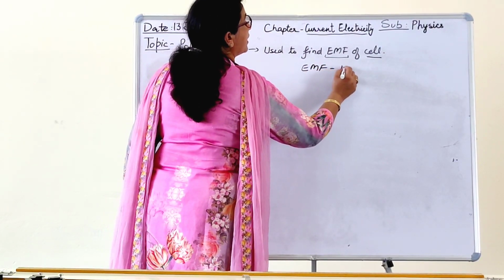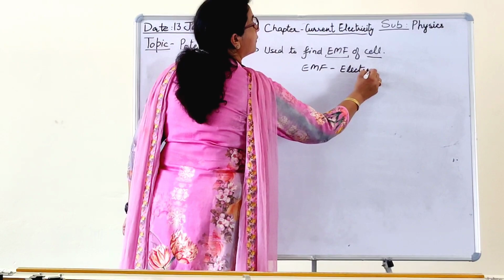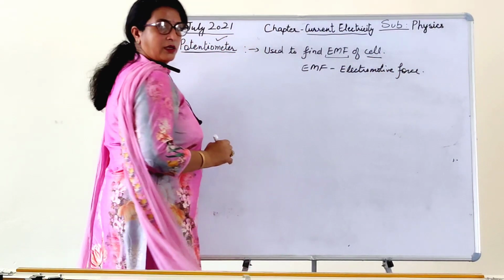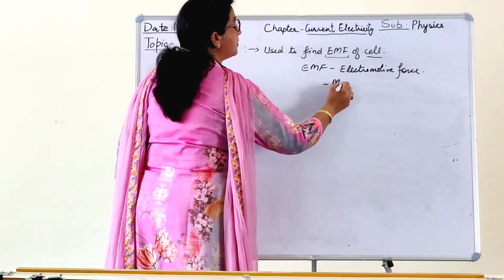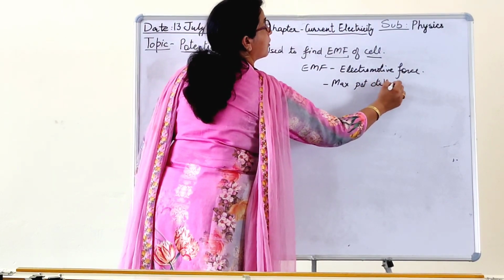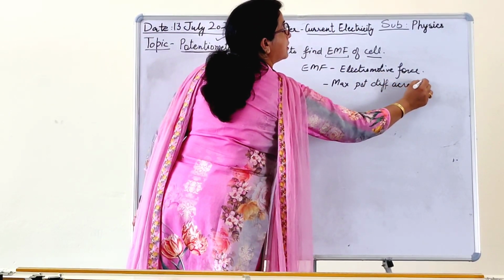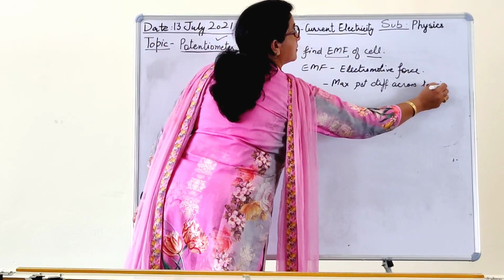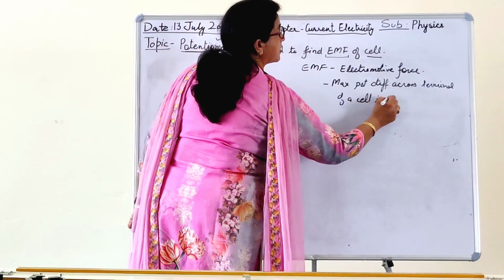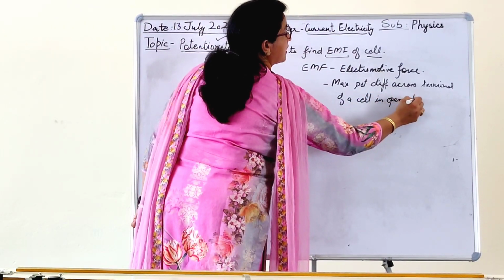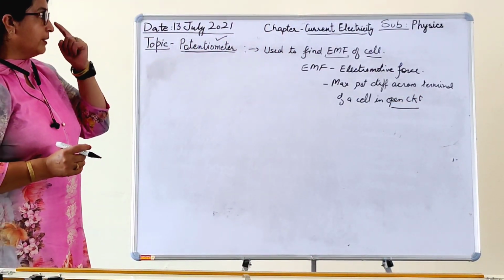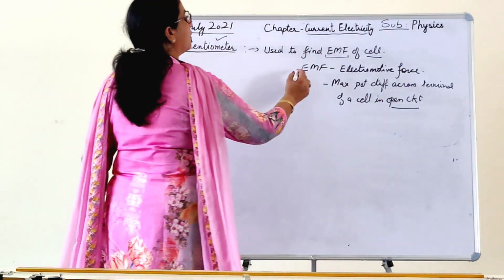EMF is the maximum potential difference across the terminals of a cell in open circuit. Open circuit means when no current is drawn from the cell. That is the EMF of the cell.